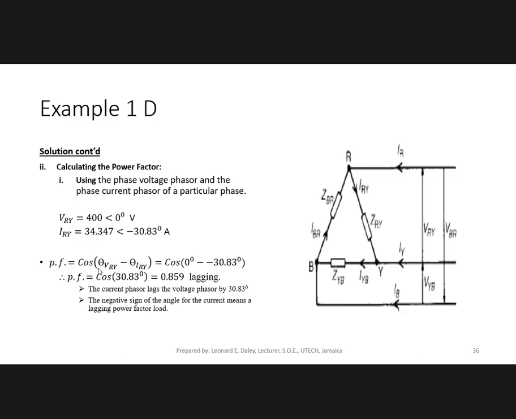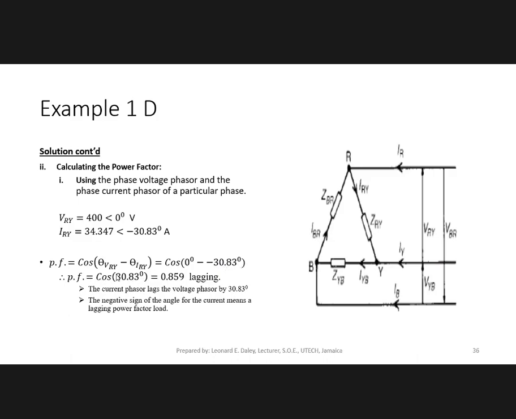All right, that's what power factor is. The cosine of the phase angle between the voltage phasor and the current phasor. Now, mathematically, that is equal to cos of the voltage phasor angle 0 minus the current phasor angle minus 30.83.